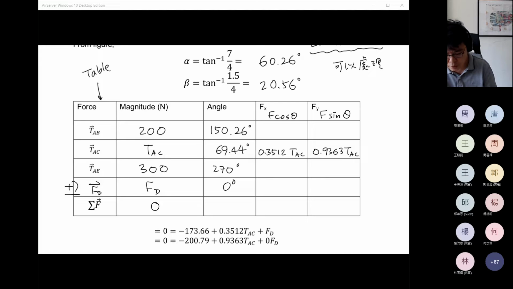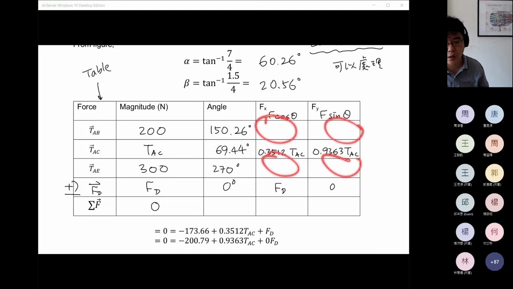I think you can fill in all these boxes, right? And this one is equal to FD, and this one is equal to 0. If you have the textbook, it is on the textbook. If it's not on the textbook, you can still fill in all these boxes. I think you can handle this, right?